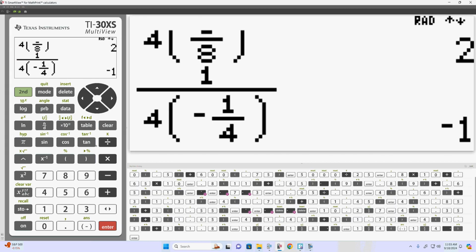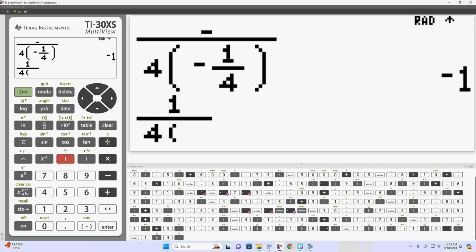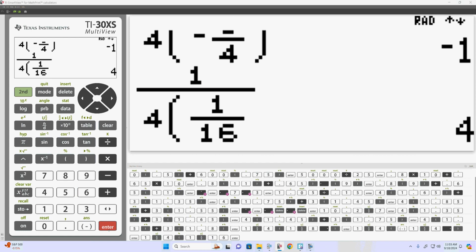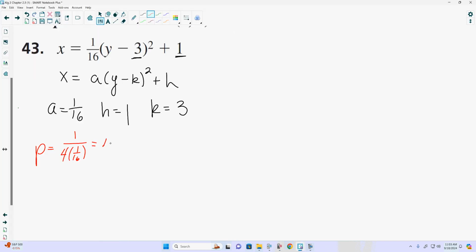I believe that's 4. All right. Vertex is the point h comma k. So that'd be 1, 3.